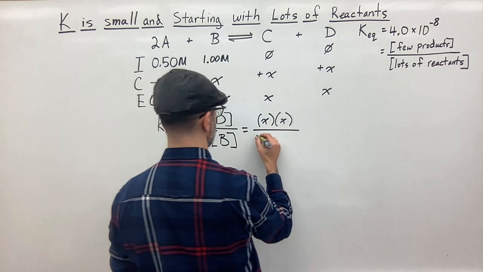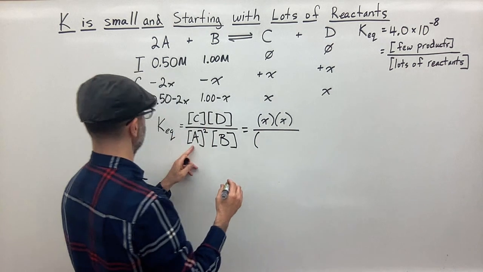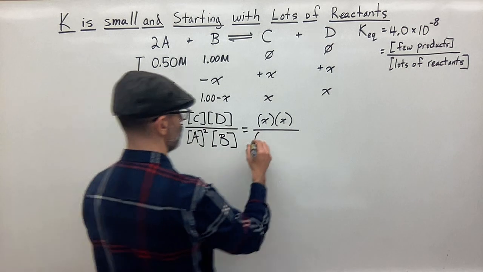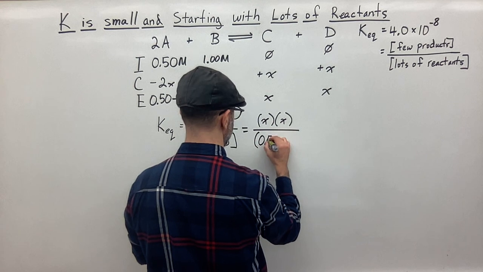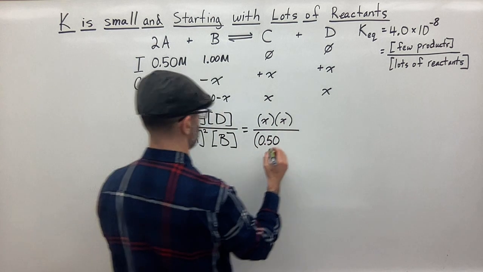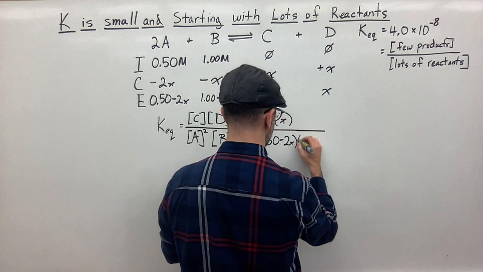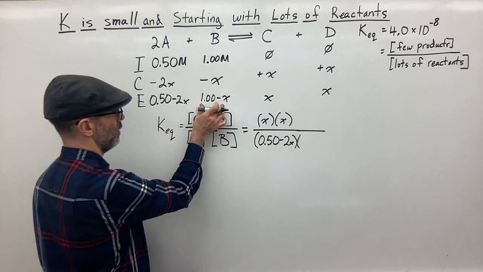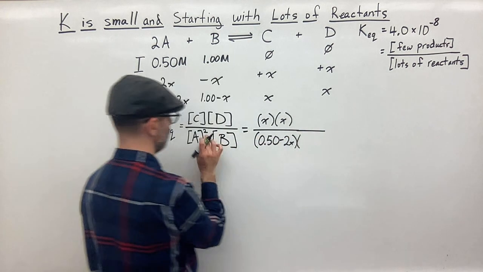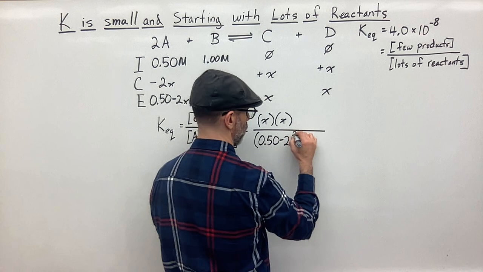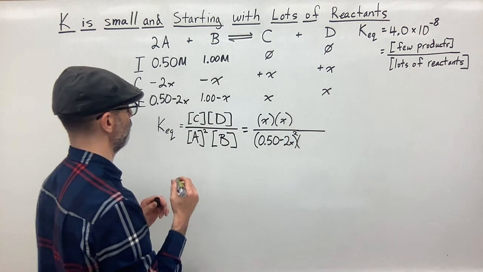So this is going to be 0.50 minus 2x multiplied by this here. Oh, and don't forget the square there. So this should be squared. That's important to not forget.